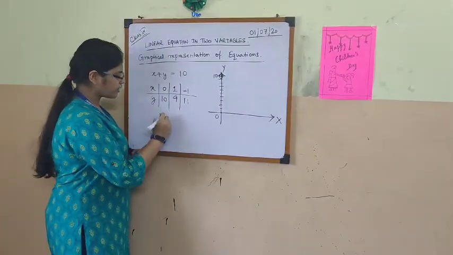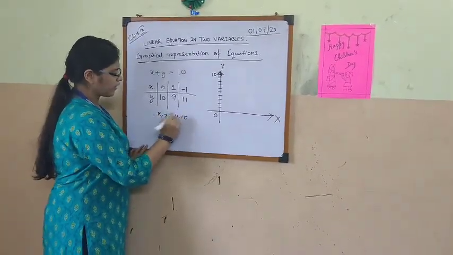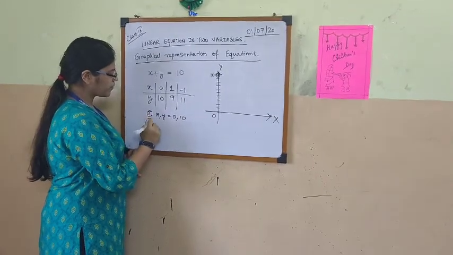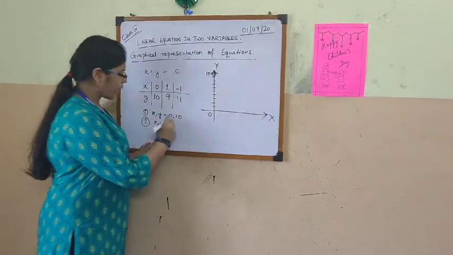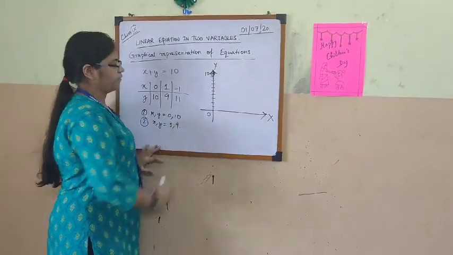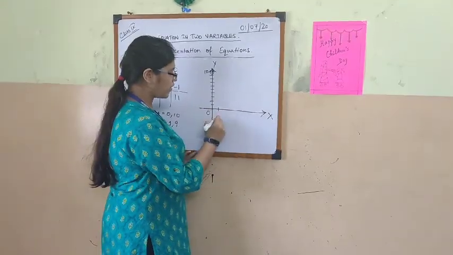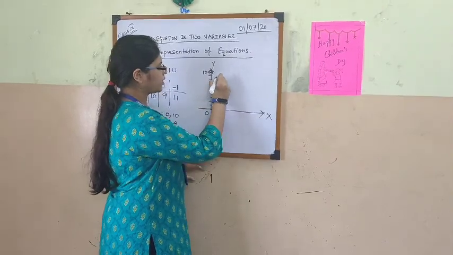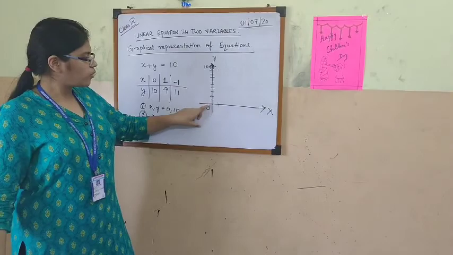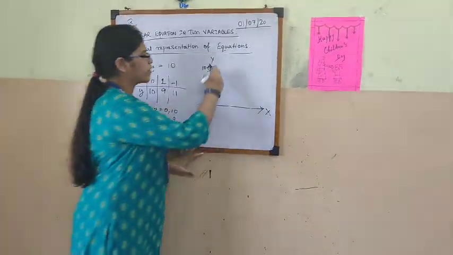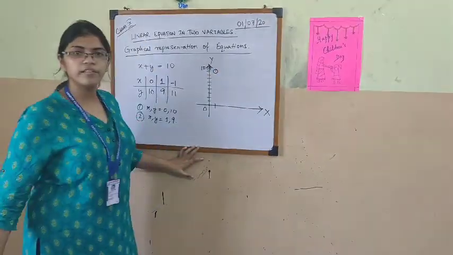So the first point is (0, 10). Then the second point will be (1, 9). So here x is 1 and y is 9, just before the point 10. So here we get another point.